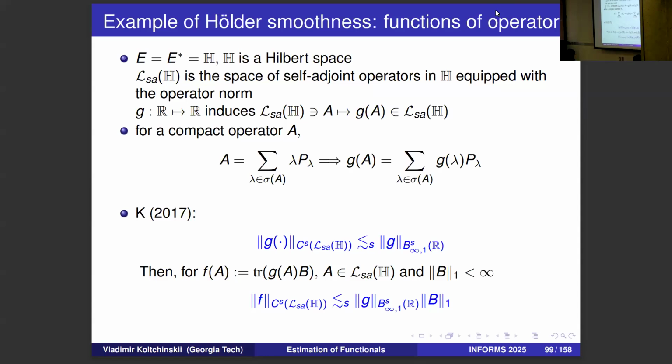Then the operator function induced by a real function of real variable g will be just the operator g of A defined by this expression, right? This is how we apply functions to matrices. This is what for matrices is A squared, A cubed, or e to the power A, or sine of A.